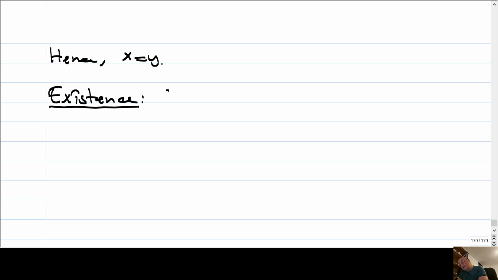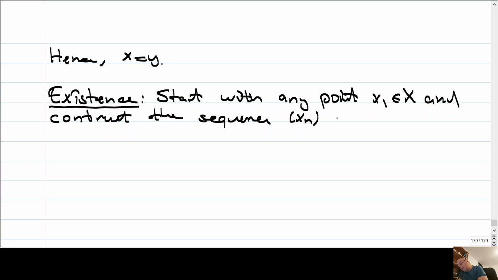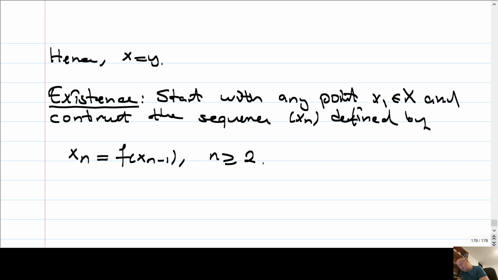How? Okay, start with any point x1 in the metric space and construct the sequence x_n defined like this: x_n is equal to f of x_{n-1} if n is at least 2.